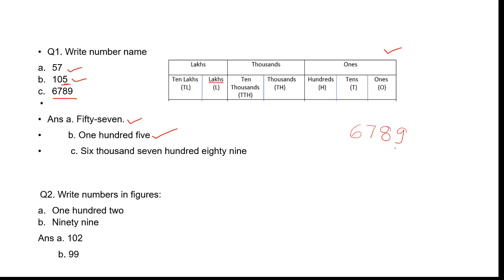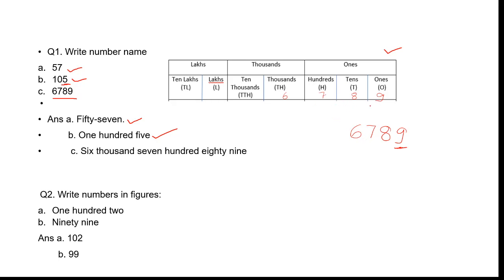Now children, look here from the right side: 9 we have to write at the ones place, then 8 at the tens place, then 7 at the hundreds place, then 6 at the thousands place. Now children, after this you will put commas after every period.